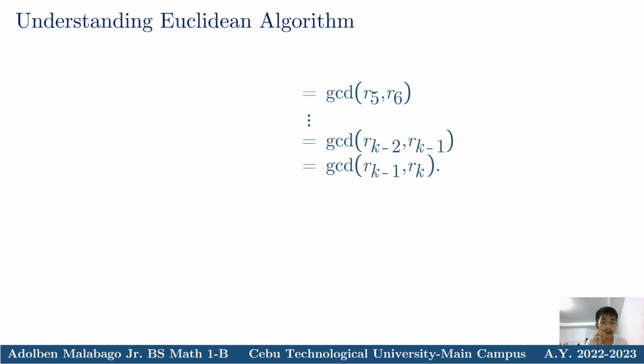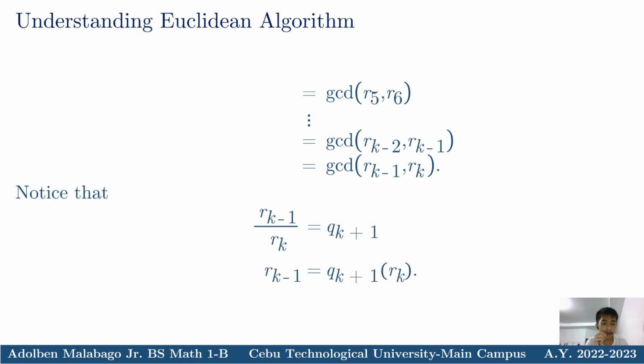So in this slide, we ended on the GCD of r sub k minus 1 and r sub k. That's basically the last in the array that we're going to put there, which we applied from our previous observations from the previous examples.